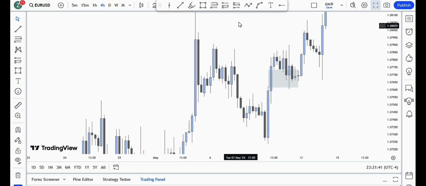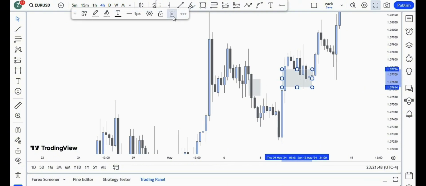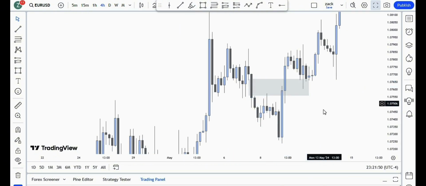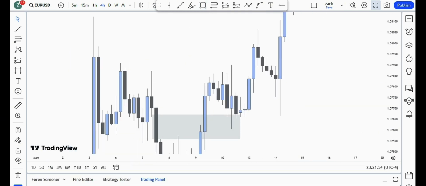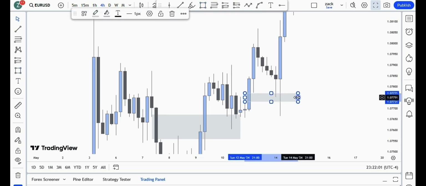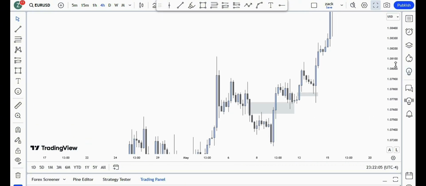What else can you see? There's also this one. So I use this normal one or this one to enter. Again, it broke this, favored the gap, went higher. So that's what price does.